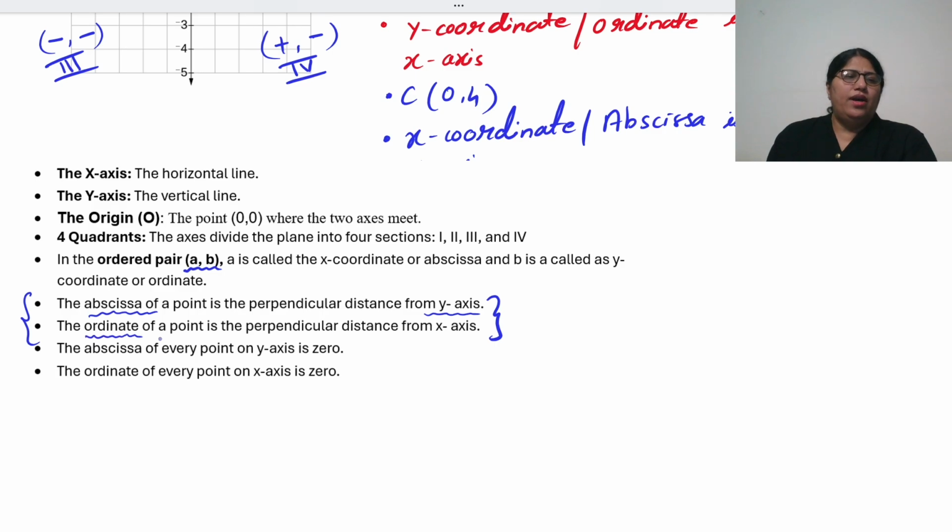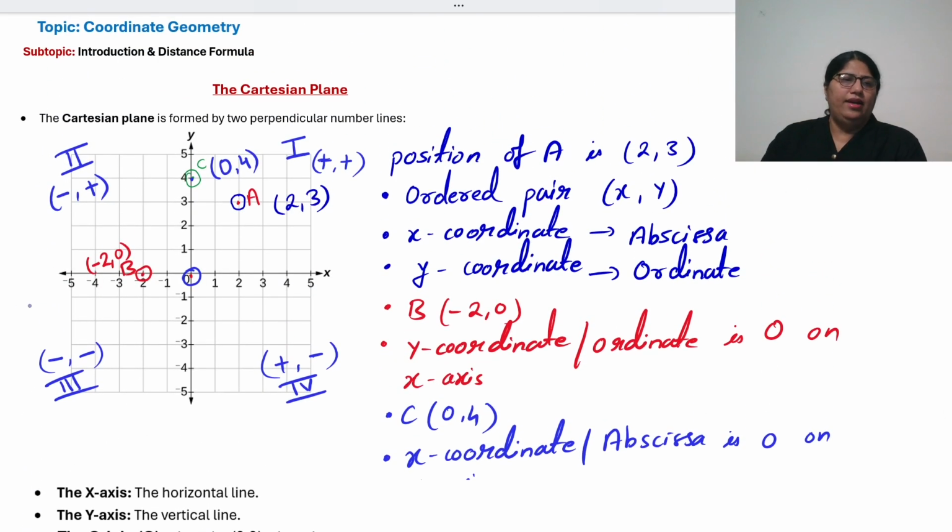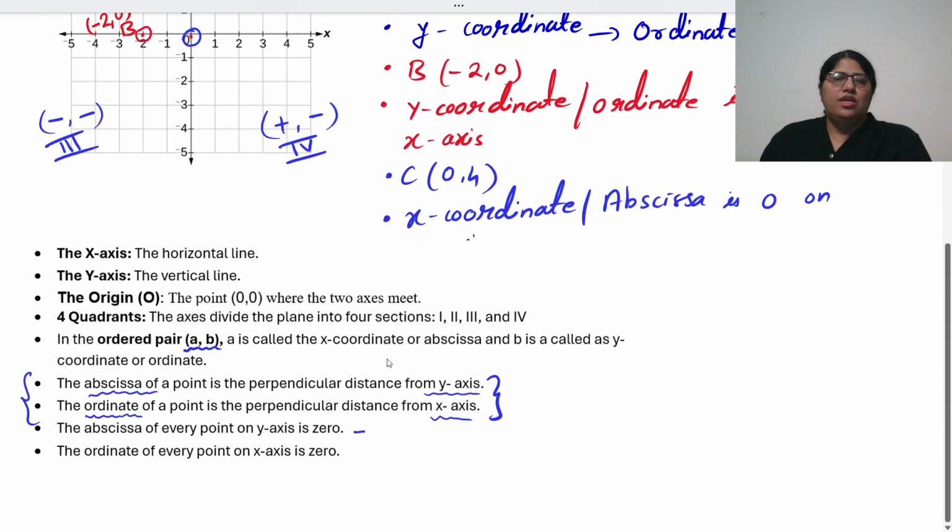Similarly, the ordinate, or y-coordinate, of a point is the perpendicular distance from the x-axis. The abscissa of every point on the y-axis is 0, as we have already seen, and the ordinate of every point on the x-axis is 0. Like here, you can see the points B and C, representing points on the axes. So these are the basics.